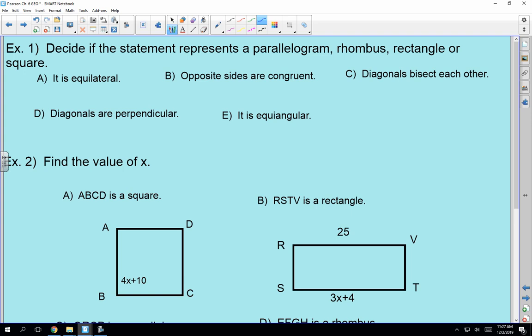Now, what could it be? Square. It could be. What else could it be? Rhombus. It could be a rhombus as well, because equilateral means just the sides are equal. It doesn't say anything about the angles. So it could be a square, you're right, or it could be a rhombus.